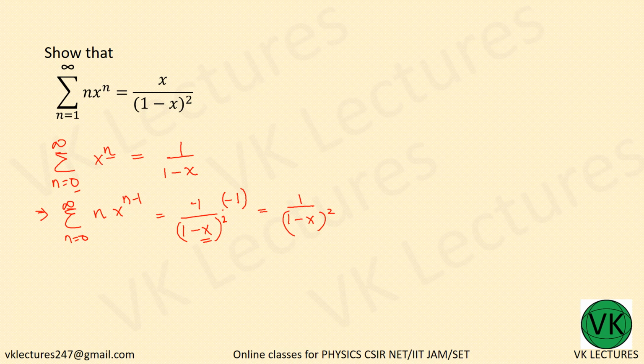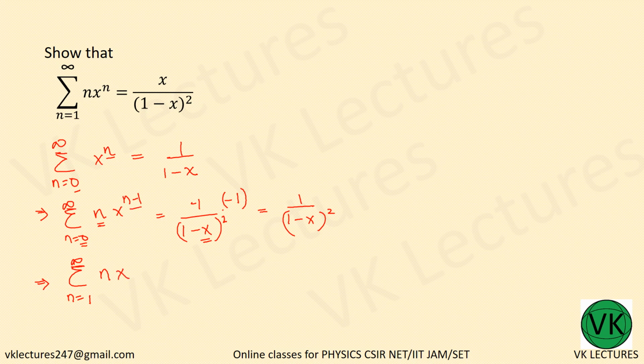Now since I cannot put n equal to 0 because the first term will become 0, I am writing it in the form of making it 1, sum over n equal to 1 to infinity n x to the power.